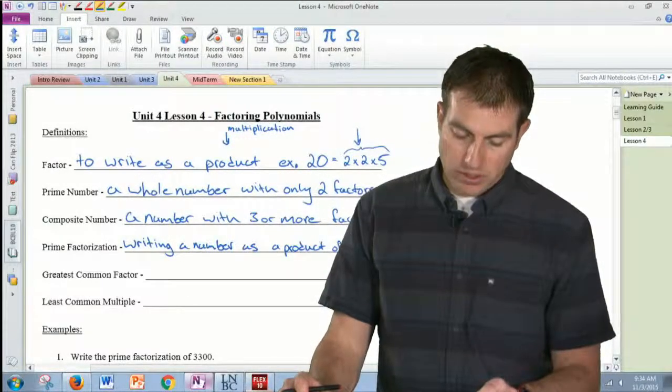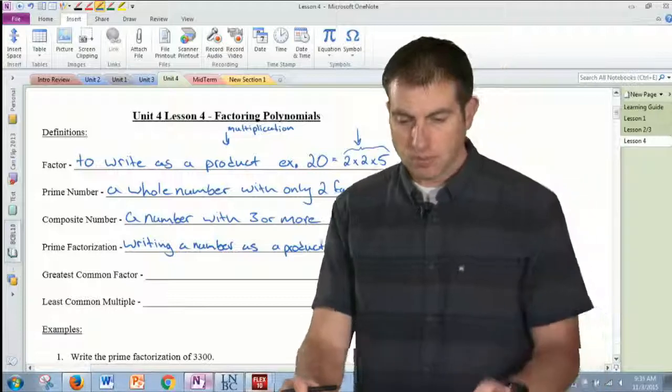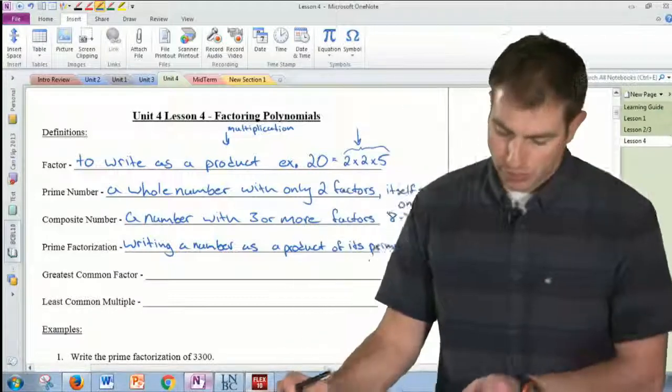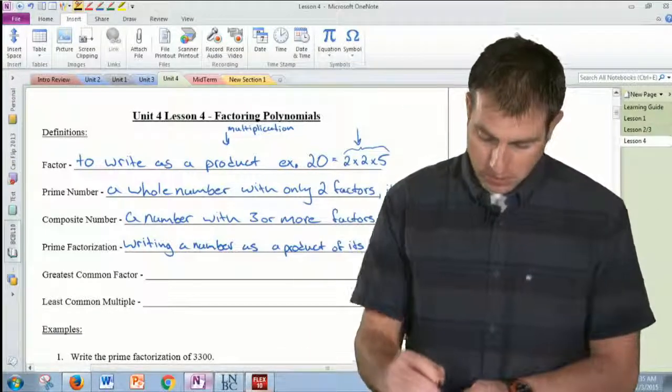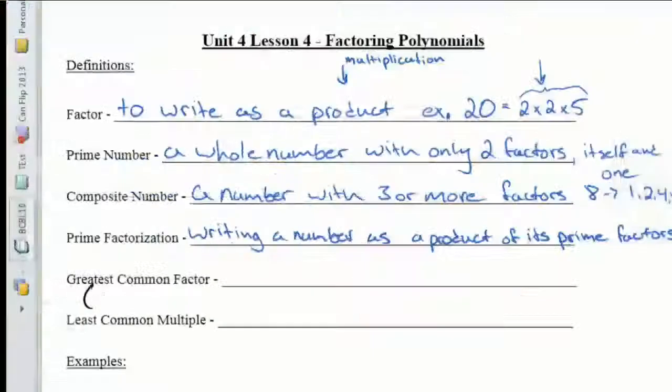The greatest common factor and least common multiple are two other terms, and below these you might just want to put this in brackets. A lot of times greatest common factor you'll see as GCF and then there'll be two numbers separated by a bracket. That's something that we'll see for greatest common factor.